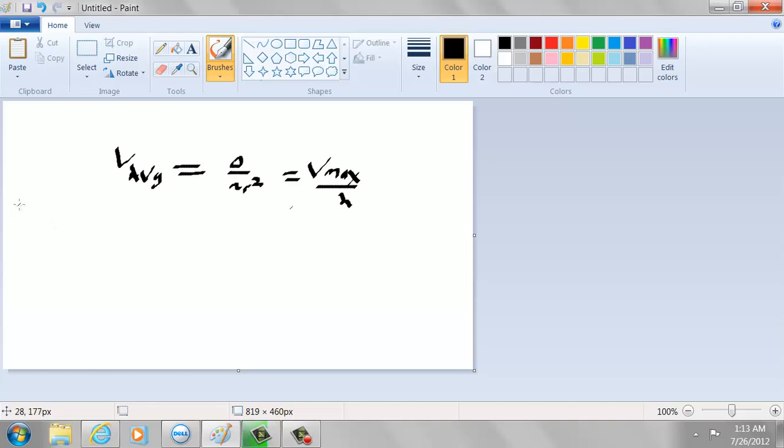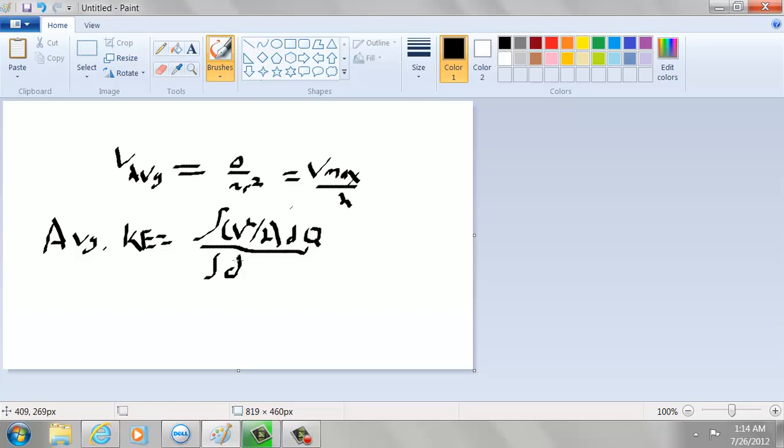And the average kinetic energy is equal to the integral of V squared over 2 multiplied by dq, divided by the integral of dq.